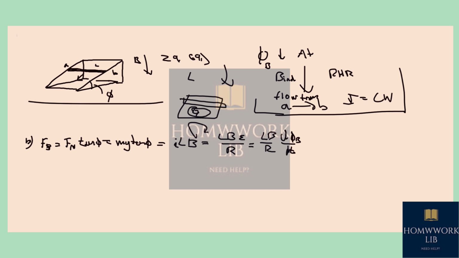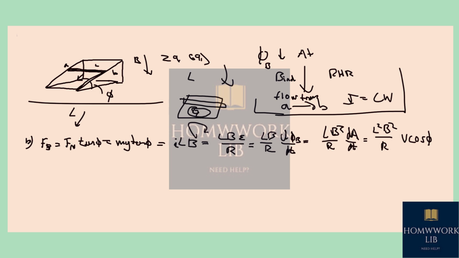We know that B is constant, so we can pull that out, and say this is LB squared over R times the change in area with respect to time. And we know the change in area is just the horizontal component of the velocity that's shrinking the area, since it's always L times that horizontal component. So we pull that L out, and we're left with L squared B squared over R times v cosine of phi, to get the angle right.